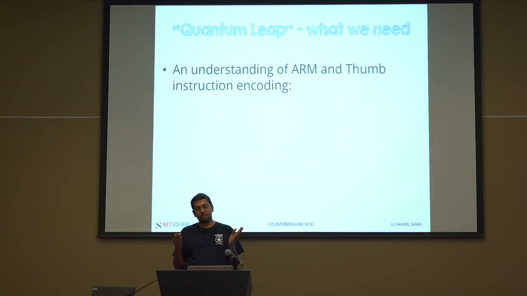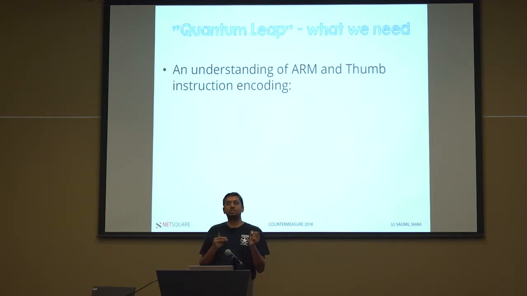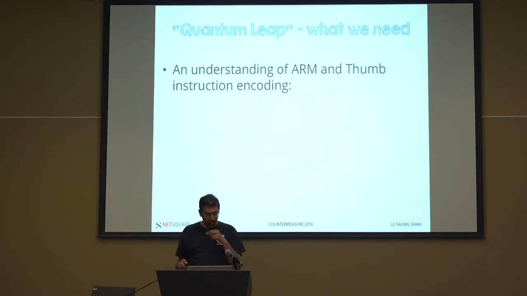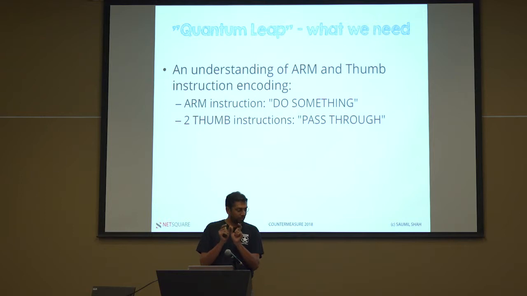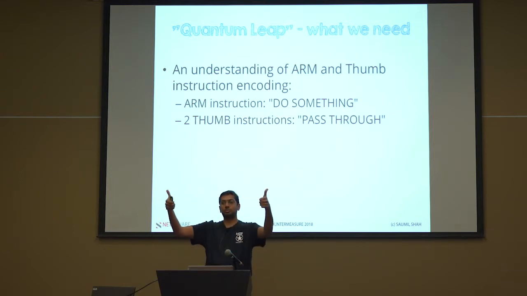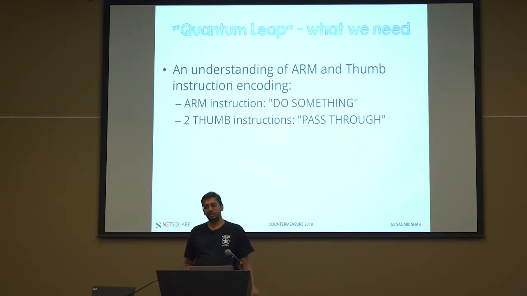It basically depends upon how clever the engineers can be to pack as much information in a single bit as possible. So we want to choose instructions which will do something meaningful when run in ARM mode, but the same ARM instruction, it is 4 bytes long. You split an ARM instruction into 2 thumb instructions. Each of these thumb instructions simply does nothing, lets you pass through.